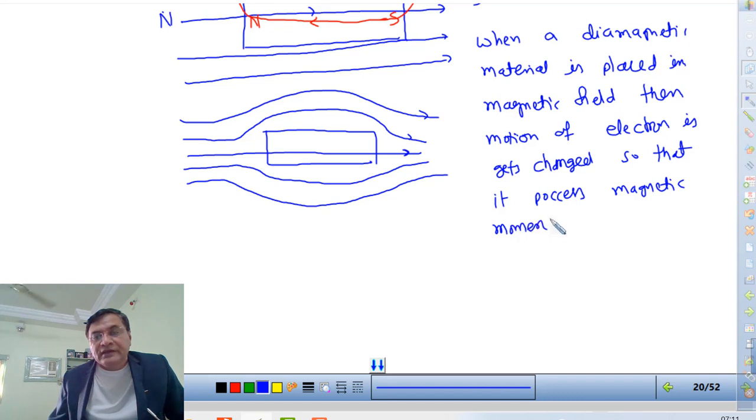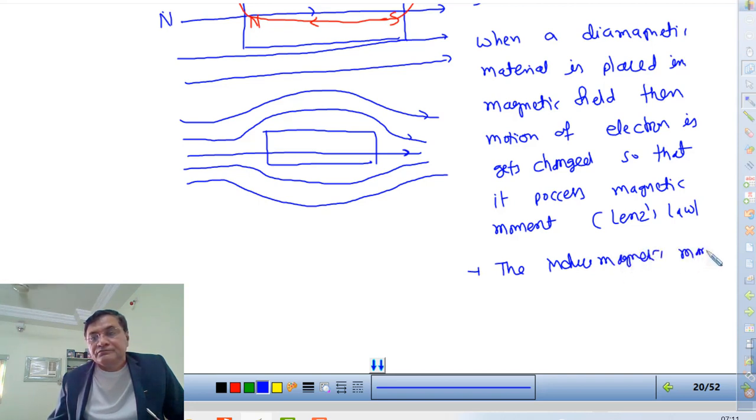And this is explained with Lenz's law, and it is described in the next lesson. Lenz's law, okay? And this induced magnetic moment is such that it opposes the external field.